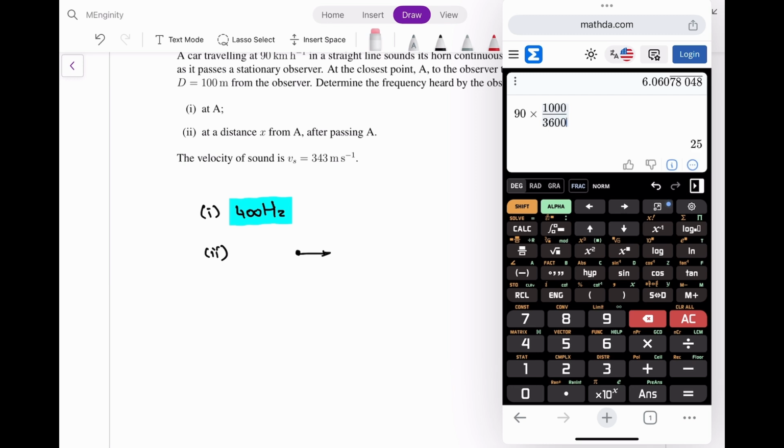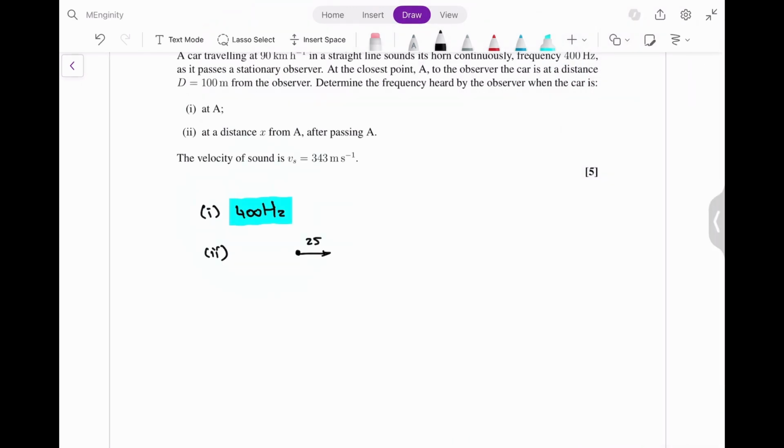Okay, a rather nice number. 25 is the speed of the car, and then this is distance x, and this is the observer. The observer is over here, say it's square shaped to differentiate it, and then the d is 100 meters.